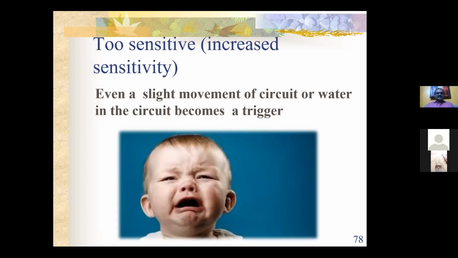Then the other term is, one is trigger, the other one is sensitivity. If you set a low trigger, that means there is a lot of sensitivity, so if you keep a low trigger, then the sensitivity will be very high. The machine will sense even a small drop in pressure or flow.